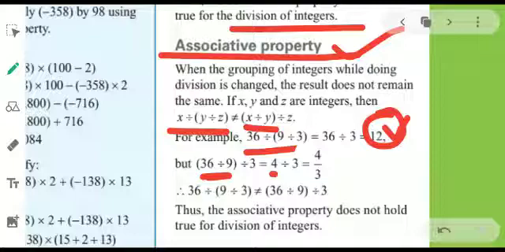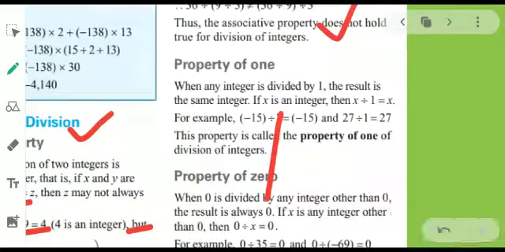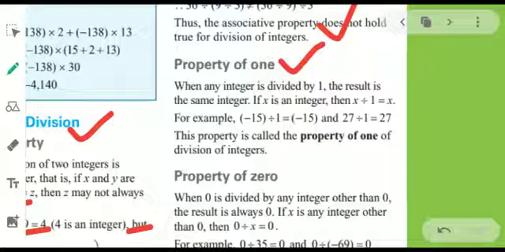Let's move to the next property, the property of 1. When any integer is divided by 1, the result is the same integer. If x is an integer, then x divided by 1 is equal to x.